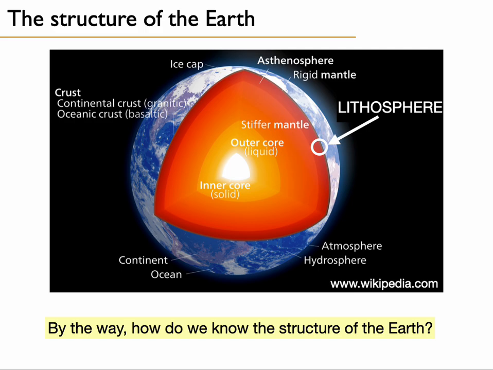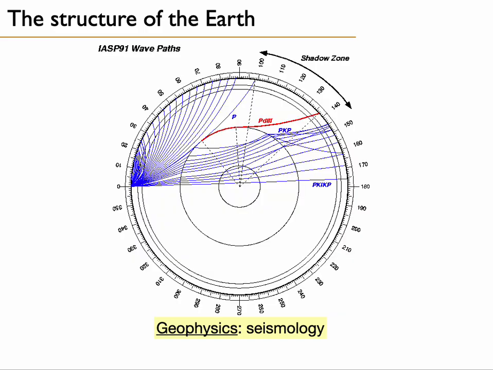And the question I would like to ask you now is, how do we actually know all this information about the structure of the Earth? This is thanks to the knowledge that comes from seismology. As you know, seismic waves triggered by an earthquake somewhere in the Earth travel through the Earth, and they go through all of these layers.